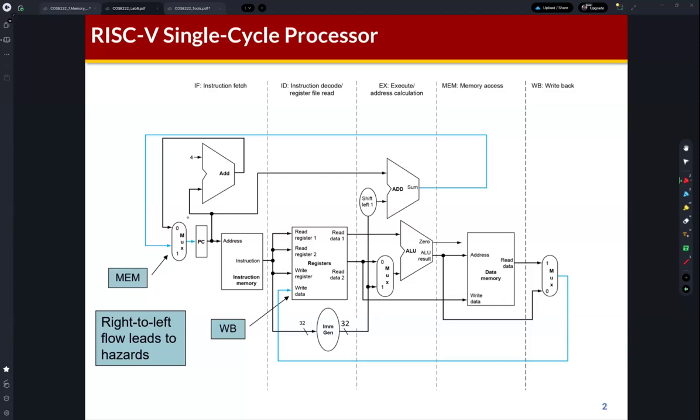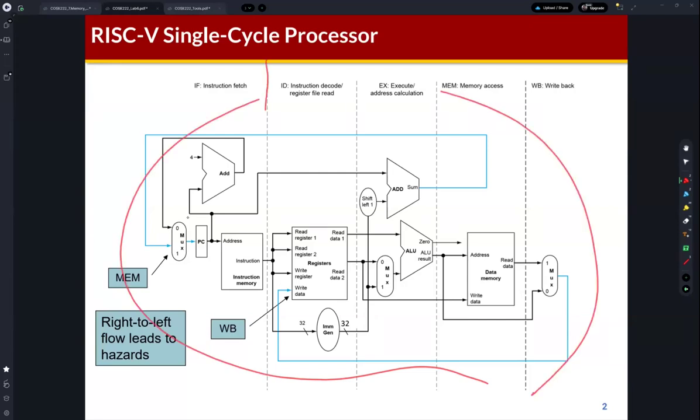So how can you start the design of the 5-stage pipeline architecture? From the single cycle processor design, we can just split the processor into 5 different stages: instruction fetch, instruction decoding, execution, memory, and write back.